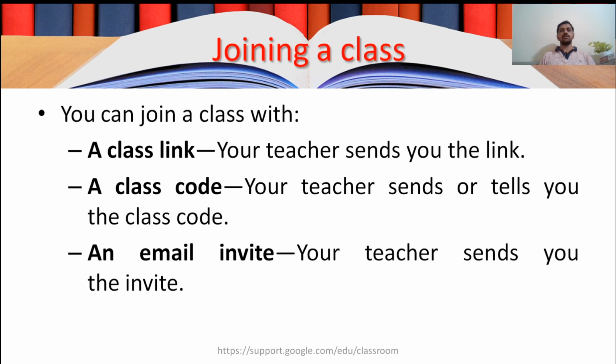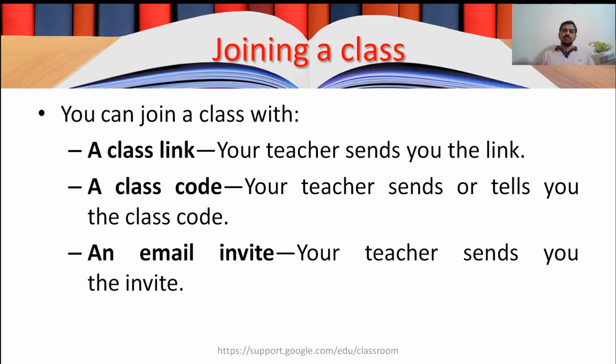Suppose your teacher has created a classroom and has sent you the class link, a class code, or an email invite. Through any of these three ways, a teacher can give you an invitation for joining a particular class, for example a mathematics, chemistry, physics or English class, or any other subject.